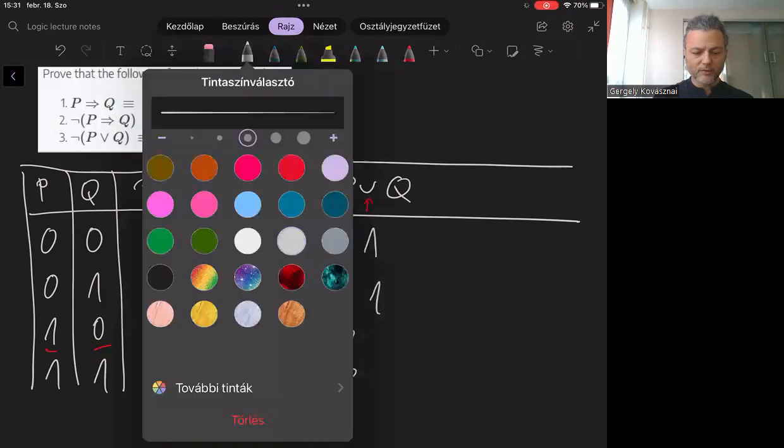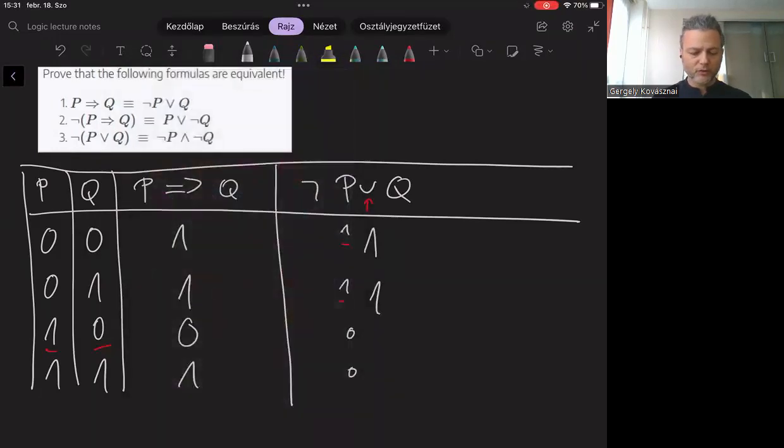In the remaining two interpretations, let's take the values of Q, and consequently, these are the values we get at the end. Okay, as you can see, the two formulas are equivalent. They have the same values in each and every interpretation.